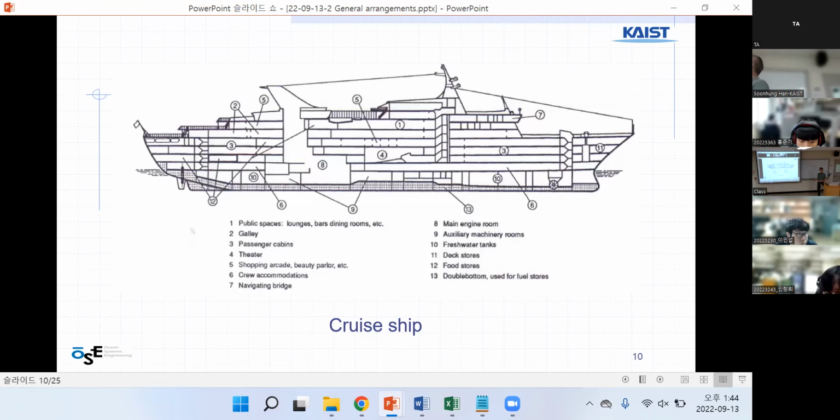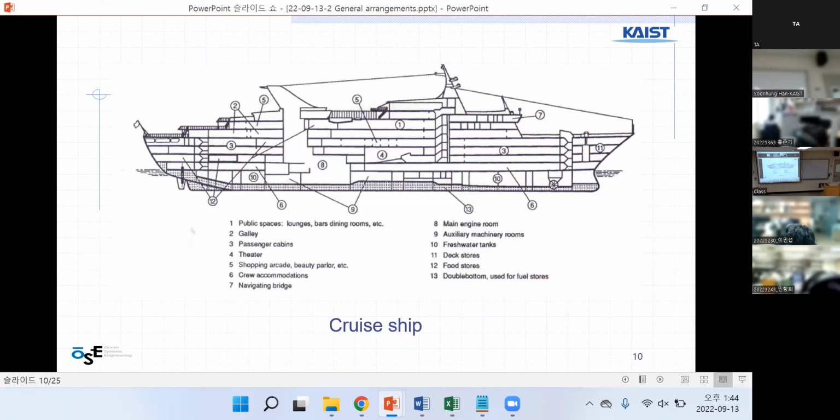And this is the general arrangement for a cruise ship. See, public space is important for this. Public space is number one. The main central high place is public space, something like a lounge, bar, dining room. Galley is a kitchen. Galley is located nearby. And passenger cabins, where are they? Number 3, passenger cabins, a good place.